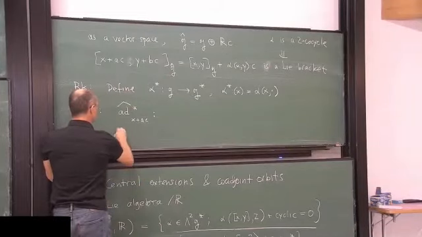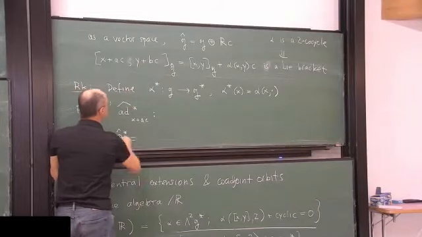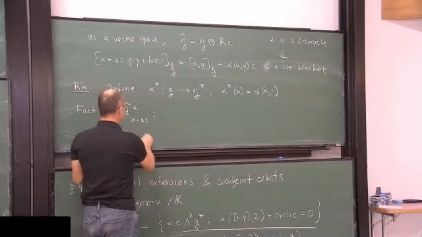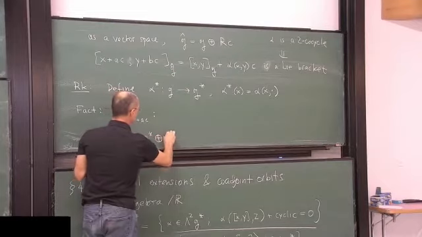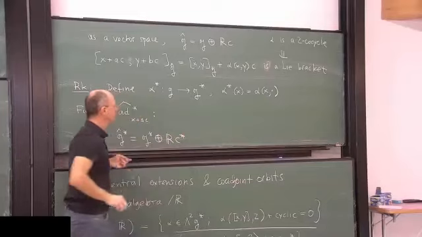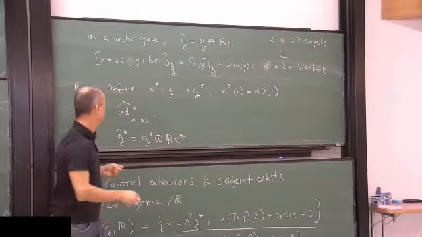Now, G hat star, because G hat was a direct sum of G plus RC, I can also represent it as G star plus R times the dual generator that I call C star.